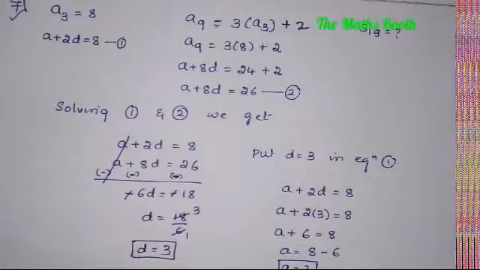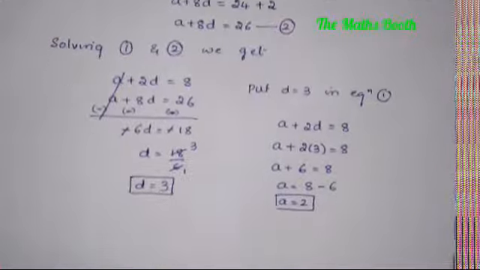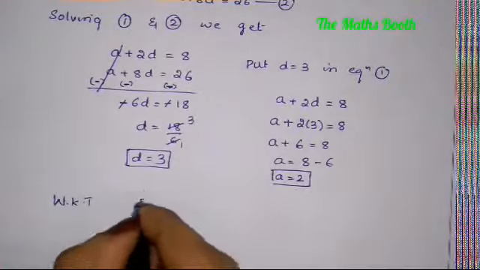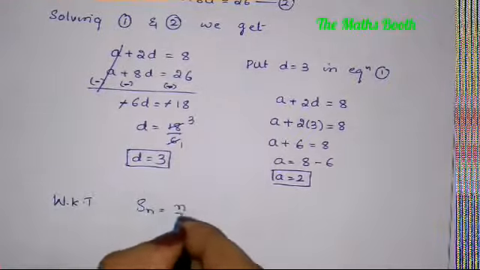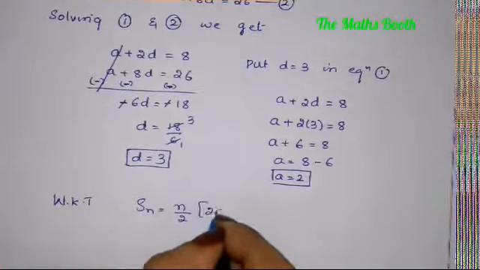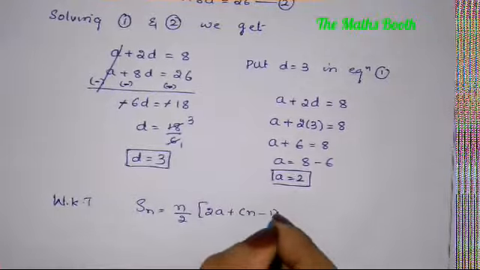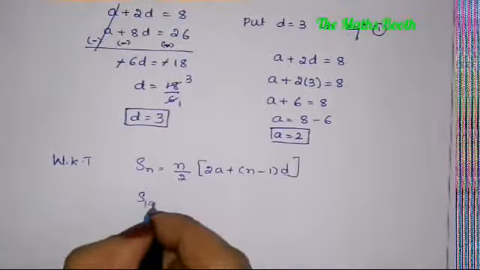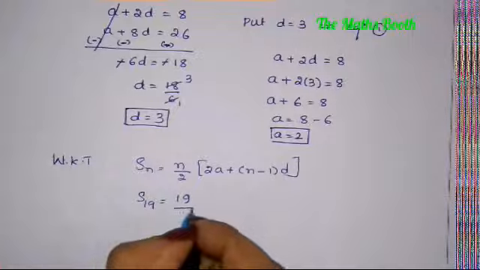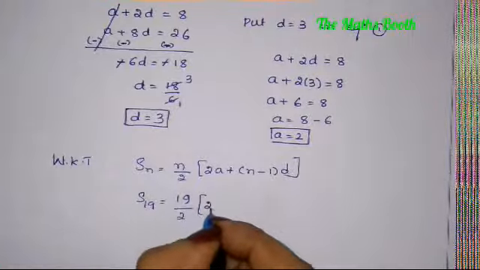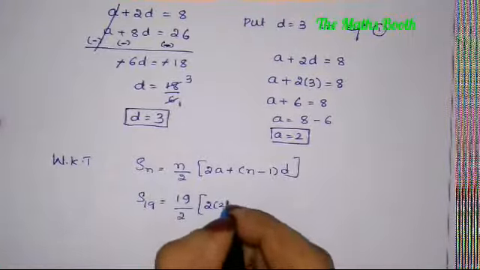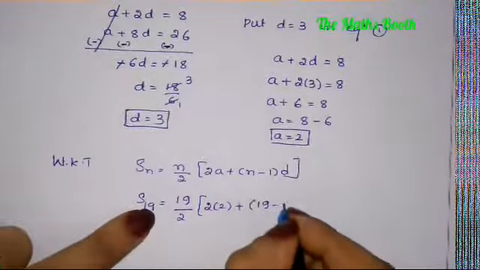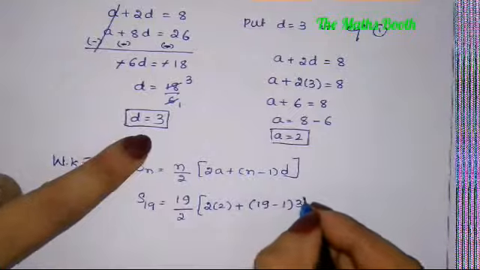We have to find S19. To find S19 we know the formula for the sum of n terms: Sn is equal to n by 2 into 2A plus n minus 1 into D. So S19 is equal to 19 by 2 into 2A, the value is 2 times 2, plus n minus 1, that is 19 minus 1, into D, the value is 3.